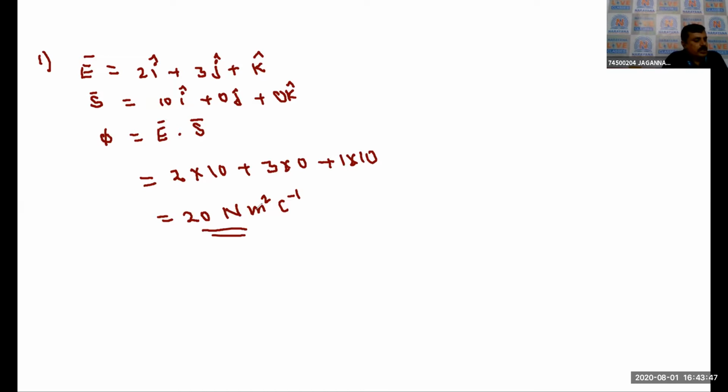Now see the second question. Electric charge is uniformly distributed along a long straight wire of radius 1 millimeter. The charge per centimeter length of the wire is Q coulomb.